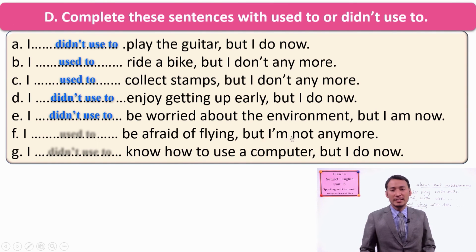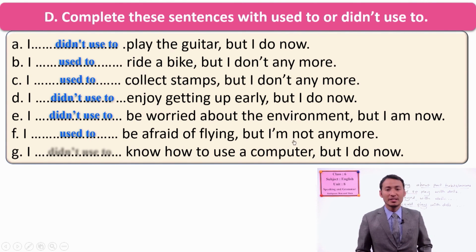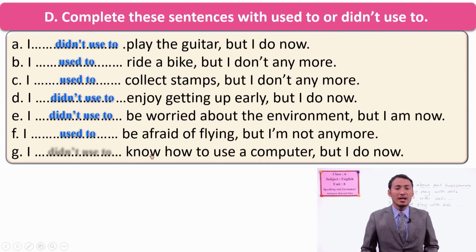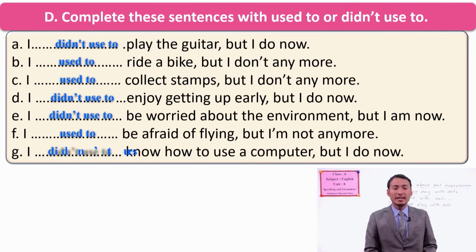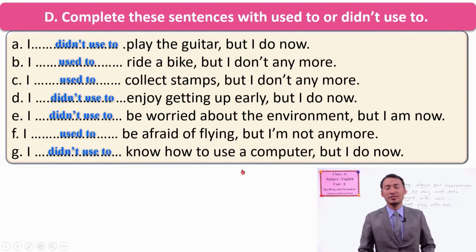Look at here, this person is not afraid, means in the past he used to be afraid of flying, but not anymore. Know how to use computer, but I do now. So now the person can use a computer, means he didn't used to know how to use a computer.